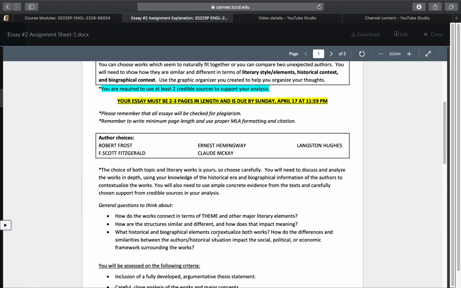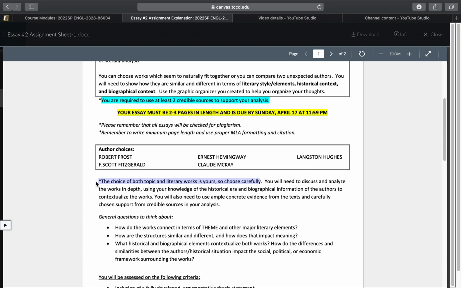Again, this is purposely broad, so the choice is yours as far as how you want to connect two different authors and two different works read in this unit. So you could do, say, Frost and McKay. You could look at his description of life in the city versus his description of life out in the country. You could connect McKay and Langston Hughes, absolutely.